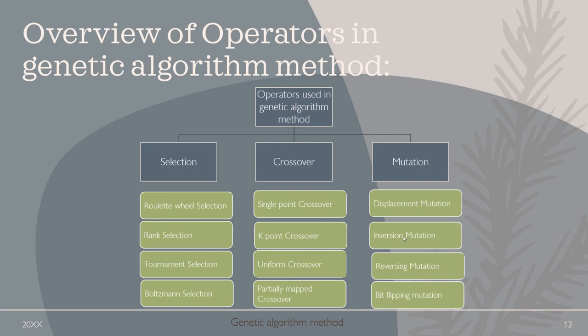In mutation also, there are four types: displacement mutation, inversion mutation, reversing mutation, and bit flipping mutation. Based on some criteria, the ones and zeros are selected, and the values change from zeros to ones and ones to zeros.